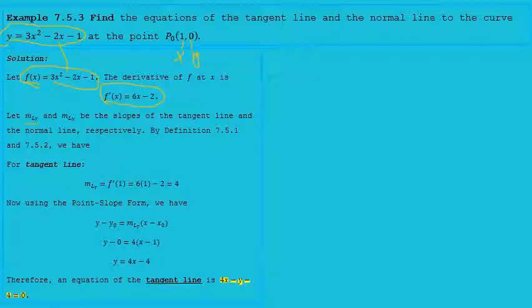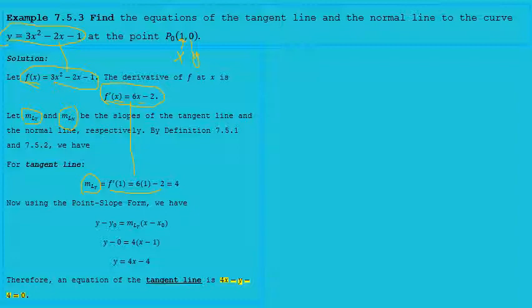So let m sub LT and m sub LN be the slopes of the tangent line and the normal line, respectively. So for the tangent line, class, by the definition na na-mention kanina, the 5.1 and 5.2, m sub LT or the slope of the tangent line, ang variable x ay papalitan natin ng 1, so f prime of 1.